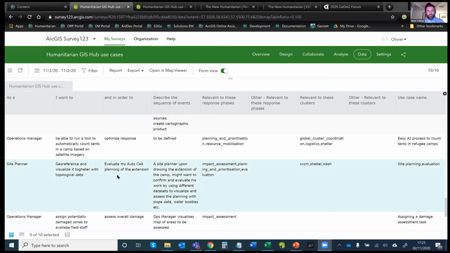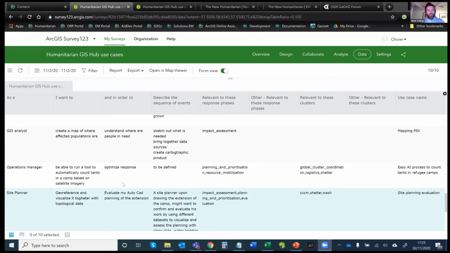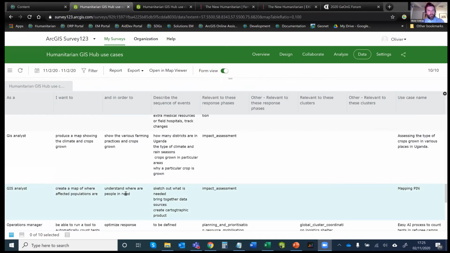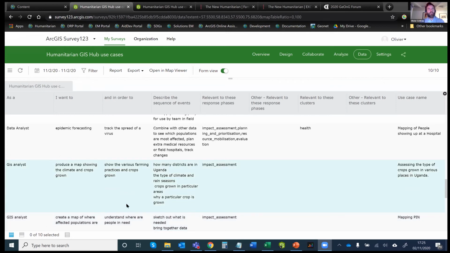That one there, right? So it was a site management, essentially, site evaluation tool. So looking at a workflow around evaluating the planning of an extension to a site. Johnny, we talked about... Can you remind me? Sorry, Johnny, which one was yours now?